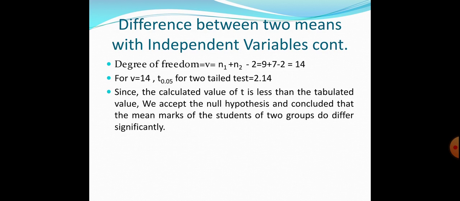For v is equal to 14 and at 5% level of significance for two-tailed test, that is 2.14 when you go through the table. So since the calculated value is 0.571, which is less than the tabulated value, that is the table value 2.14, we accept the null hypothesis. And we conclude that the mean marks of the students of the two groups do not differ significantly.